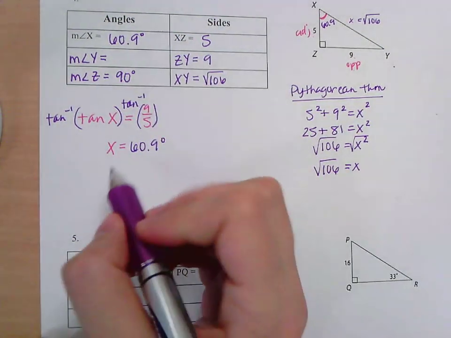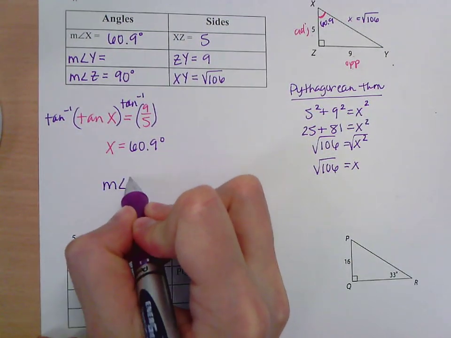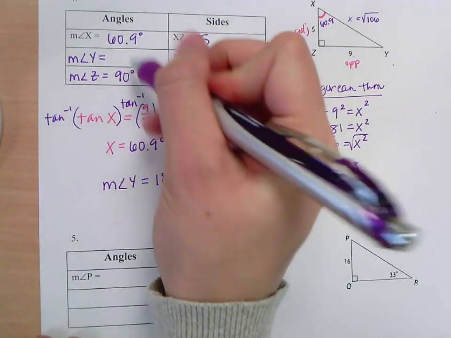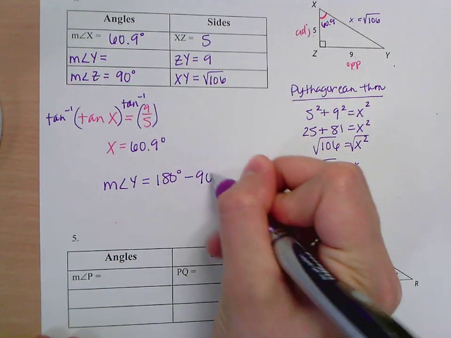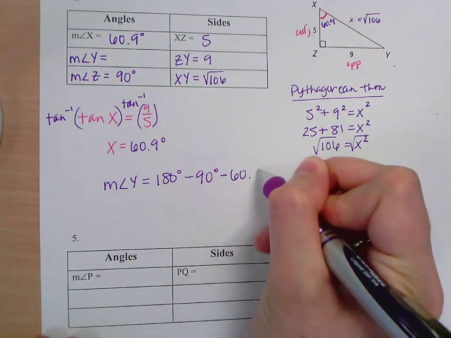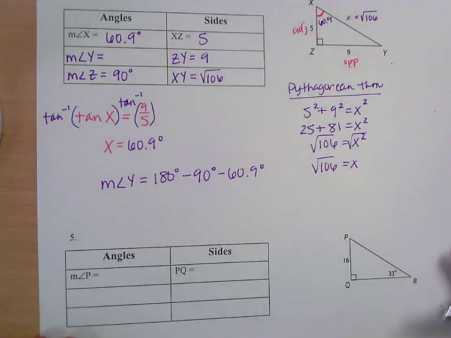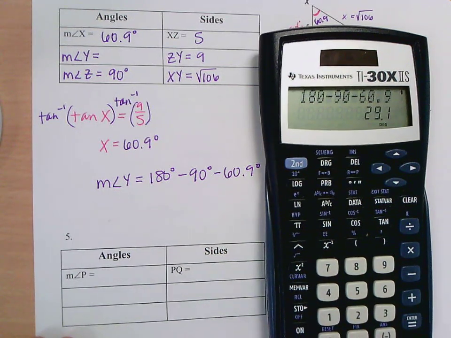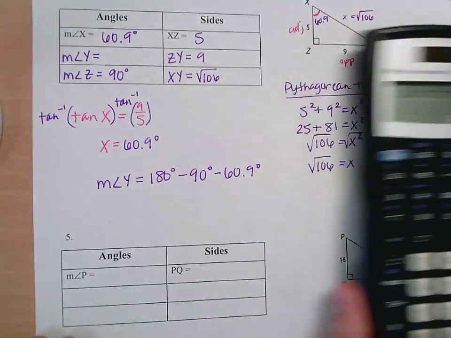So the measure of angle Y is going to be 180 degrees minus the two angles I already have. So minus 90 and minus 60.9. So 180 minus 90 minus 60.9, meaning angle Y should be 29.1.